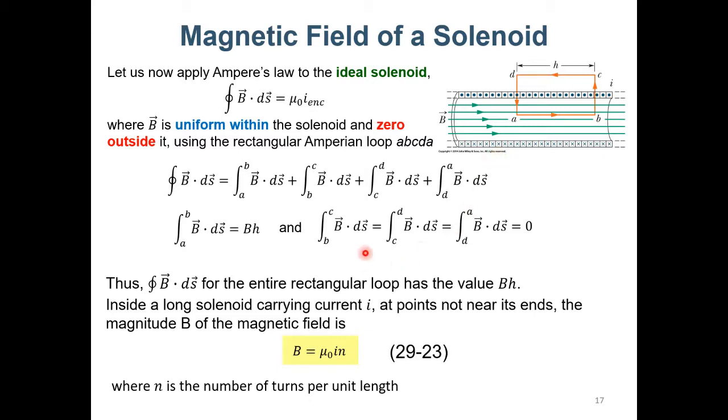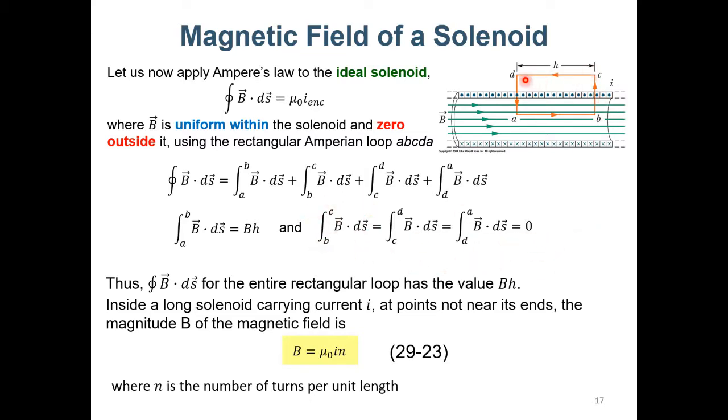Okay, actually we know that from B to C, the magnetic field is perpendicular to this line. So the inner product B dot ds is 0. So this one is 0.